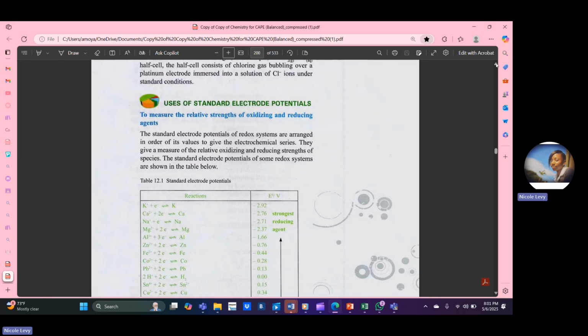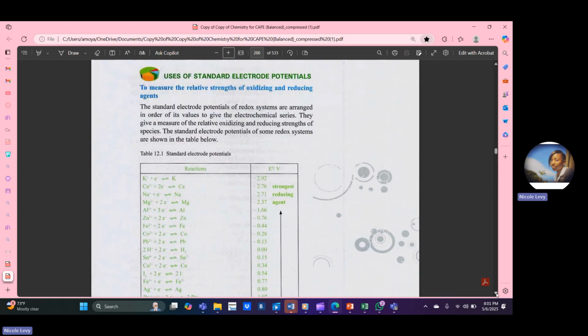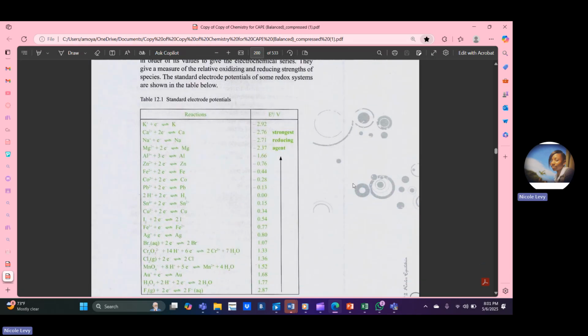So standard electrode potentials are used to measure the strength of oxidizing and reducing agents. So it can tell you how strong something is as an oxidizing or a reducing agent. The standard electrode potentials of redox systems are arranged in order of their values to give the electrochemical series. They give a measure of the relative oxidizing and reducing strengths of species, and the standard electrode potentials of some redox systems are shown below.